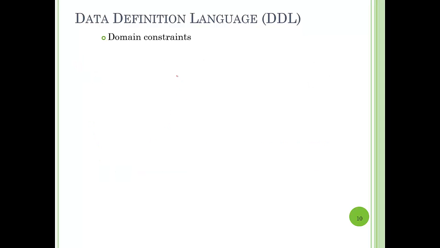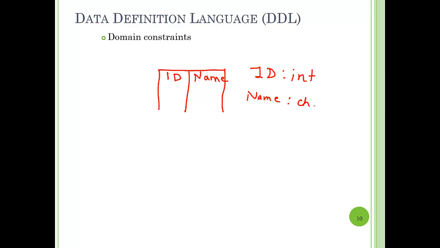Domain constraint, as I have already told you: in the data definition schema you have ID as an integer, and here I have name, with characters or varchar, 10 characters. So in this column, this is the domain. What is the domain of this ID column? It is integer.